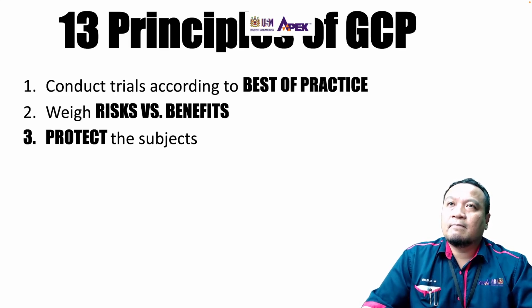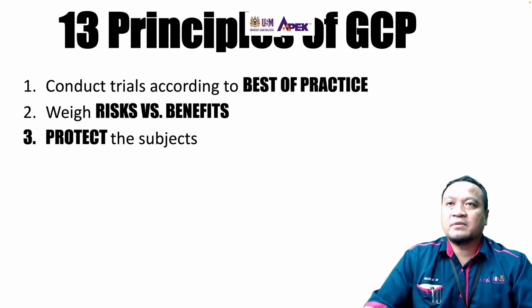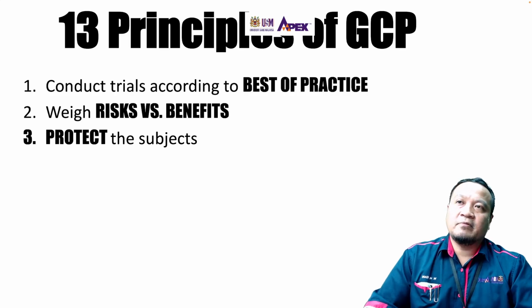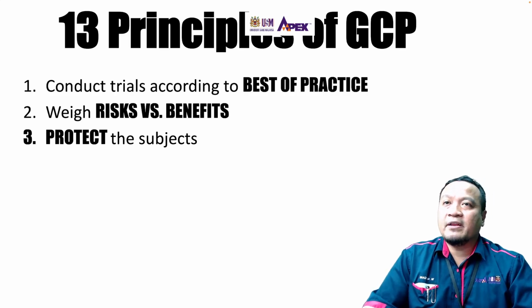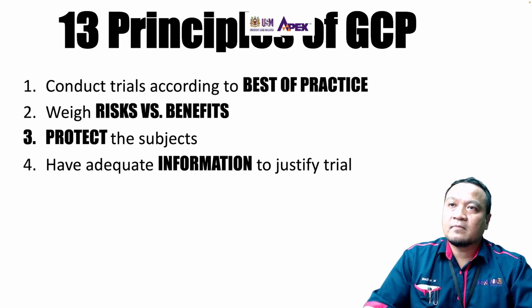The third principle of GCP is protection of subjects. It's the same concept, weighing benefit versus risk. What is the benefit for the subject? What is the risk? We want to protect the safety of the subjects.